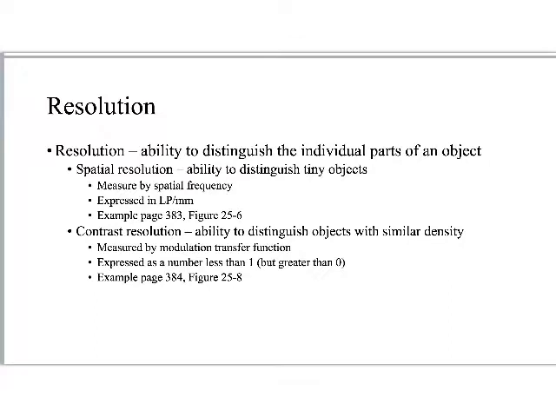So can I differentiate between them? I would call that a contrast resolution. This is measured by a modulation transfer function, sometimes abbreviated MTF, and it's expressed as a number less than 1 but greater than 0. So it's in a range of 0 to 1, the higher being the better.